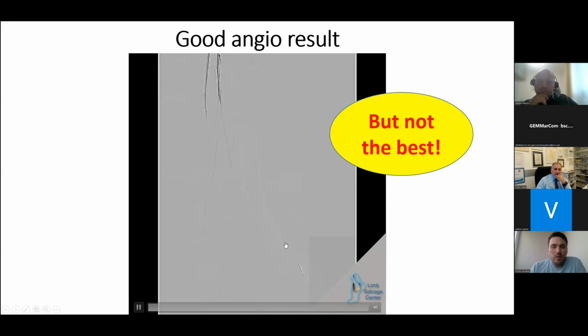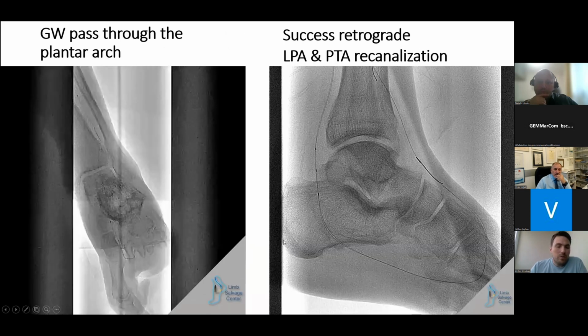So I continued the procedure. I passed with a guide wire to the plantar arch and to the lateral plantar artery, recanalized it, and re-entered in the posterior tibial artery in the distal part. I took a second guide wire and used the first one as a kind of roadmap for antegrade passing of the guide wire to the lateral plantar artery.